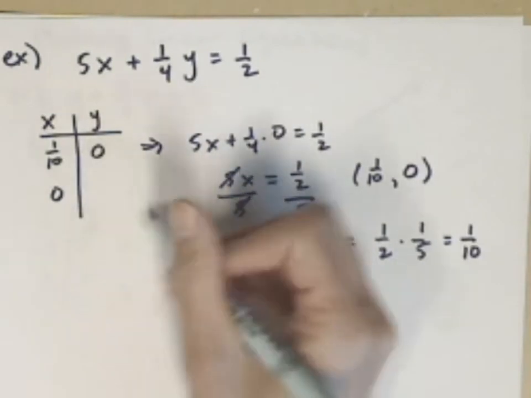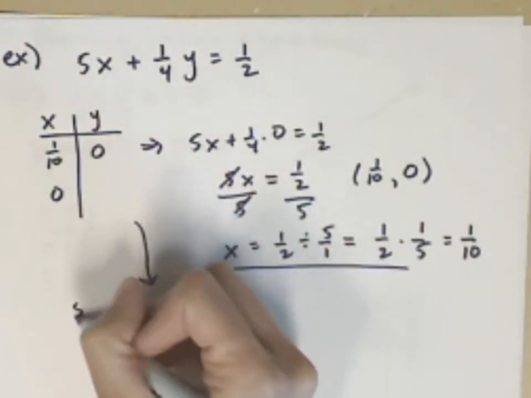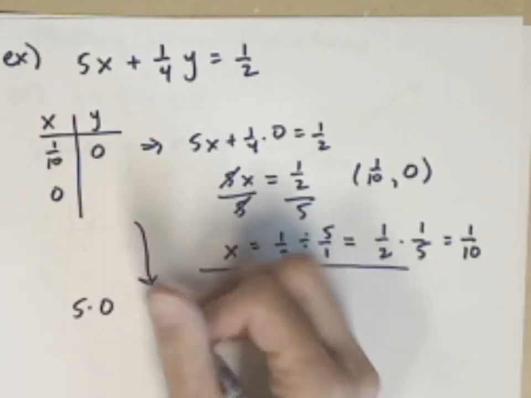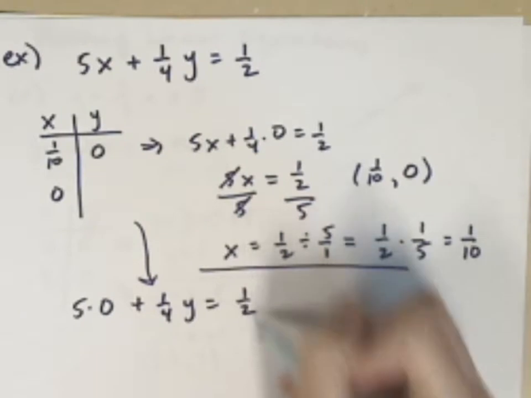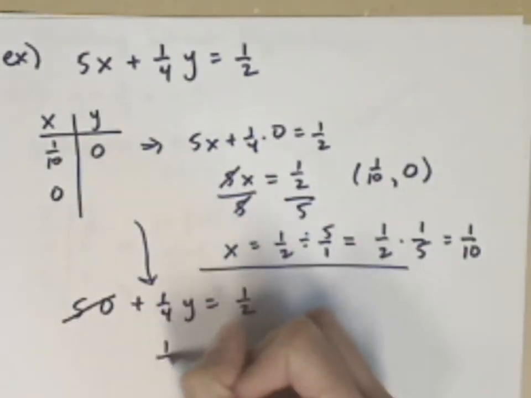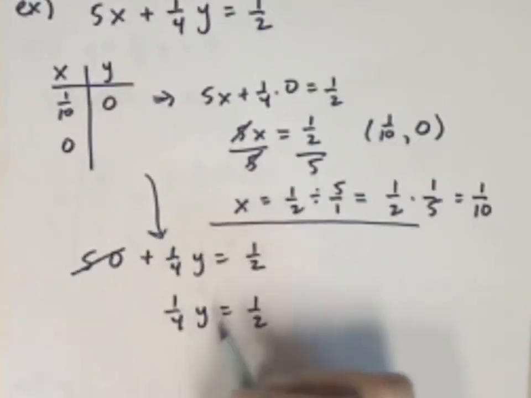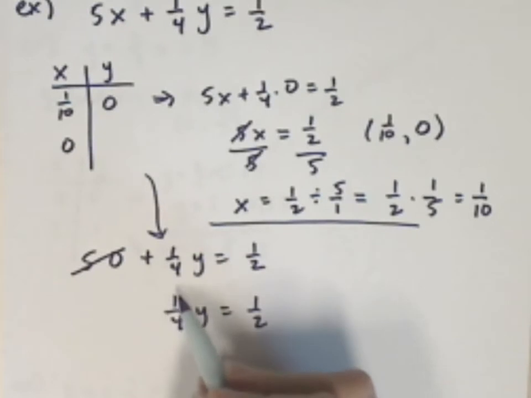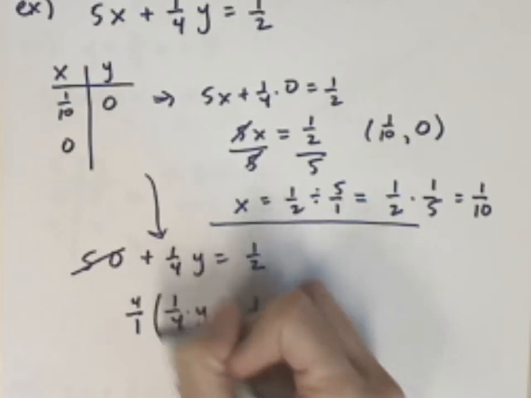Now watch what happens. When I let x be 0, we'll go down here. I have 5 times 0 plus 1/4 y equals 1/2. That's 0. So I have 1/4 y equals 1/2. Instead of dividing by that fraction, I like to multiply by the reciprocal. The reciprocal of 1/4 is 4/1.